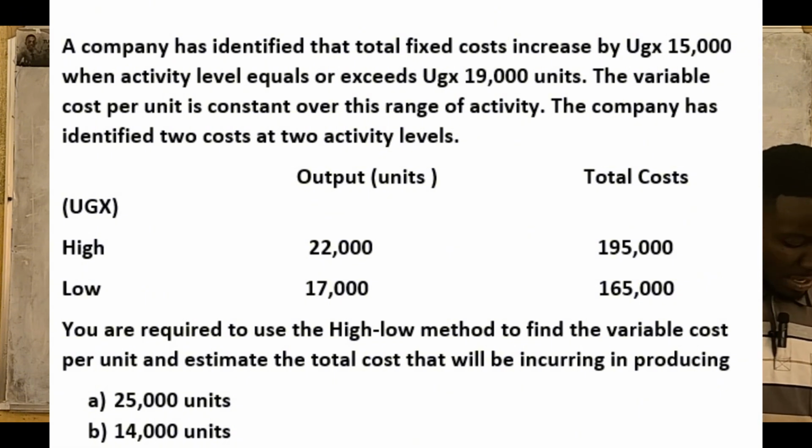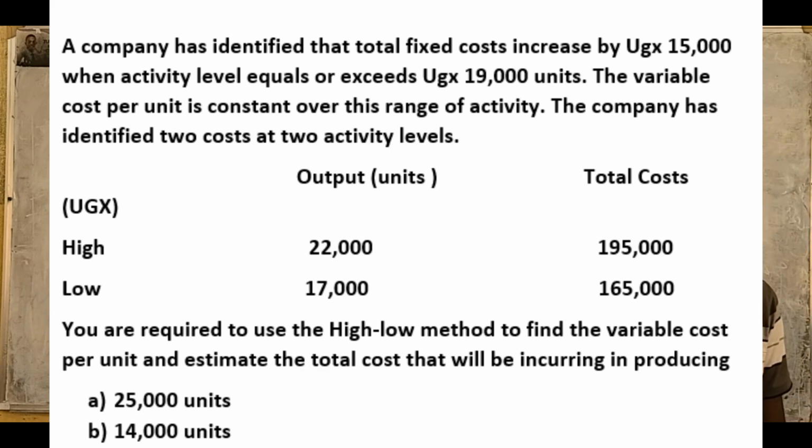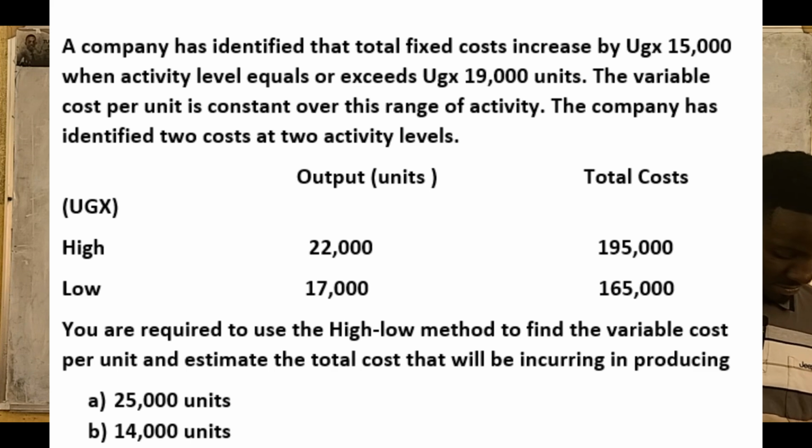The company has identified two costs at two activity levels. So they've given us the output levels, of course in units, and then our total costs. The high has an output of 22,000 and a total cost of 195,000. The low has an output of 17,000 and 165,000.